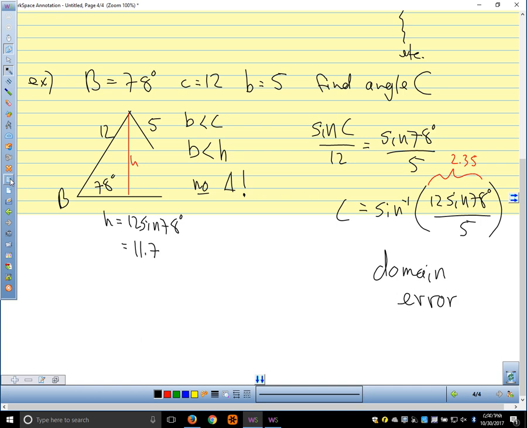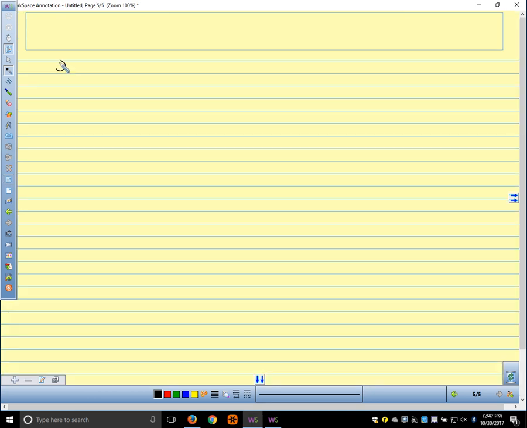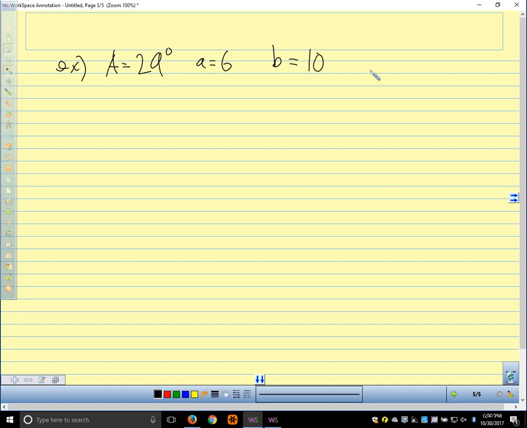All right. Another example. Angle A is 29 degrees, side A is 6 and side B is 10, and we want to find angle B. So let's draw a nice little picture.